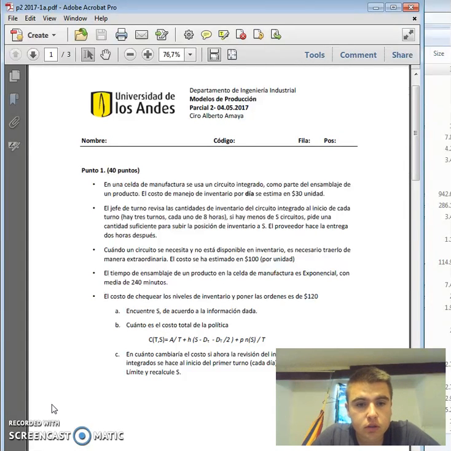To make the product, it's an exponential distribution with an average of 240 minutes, and if we translate this to a Poisson distribution, we take the inverse. So one product every 4 hours is the same as 1/4 product per hour in a Poisson distribution. To check the levels of inventory and do the orders, in other words, the setup costs are $120.